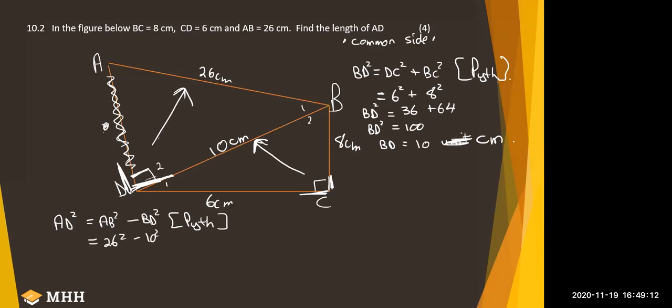Grab the calculator. 26 squared is 676, and that gives 24 after you get the square root. So AD is 24 centimeters. Sharp.